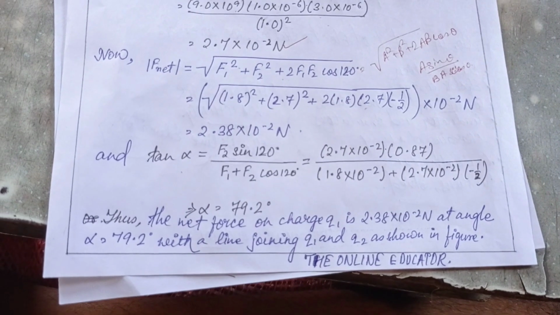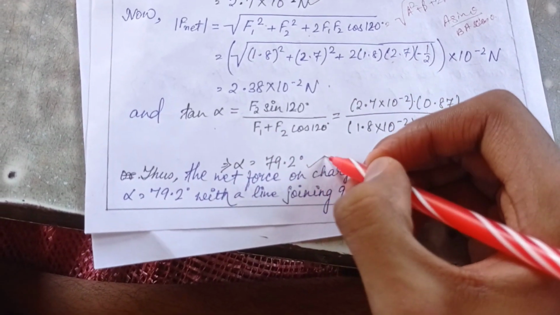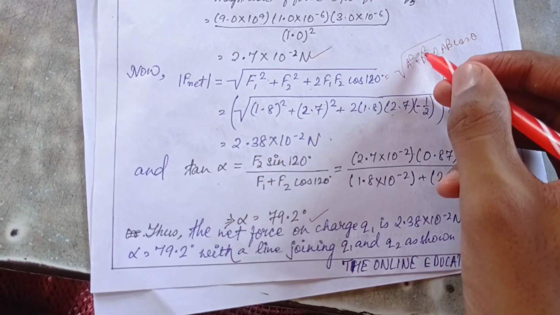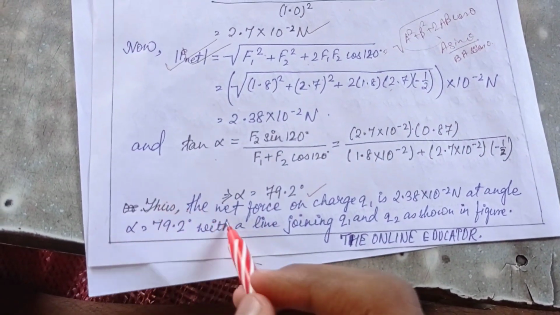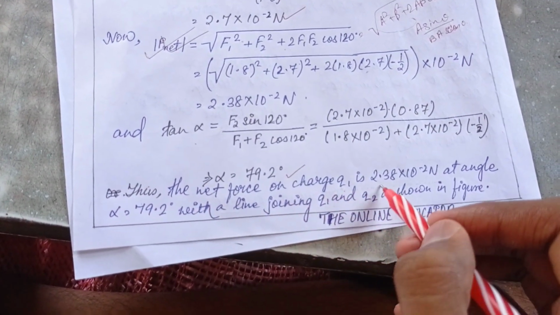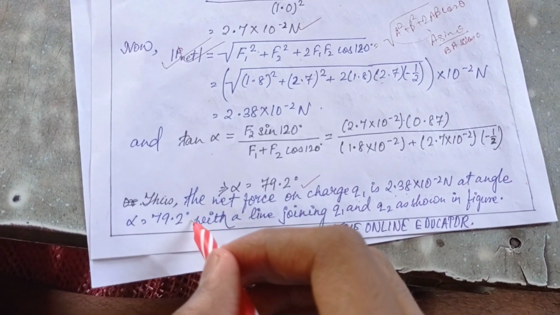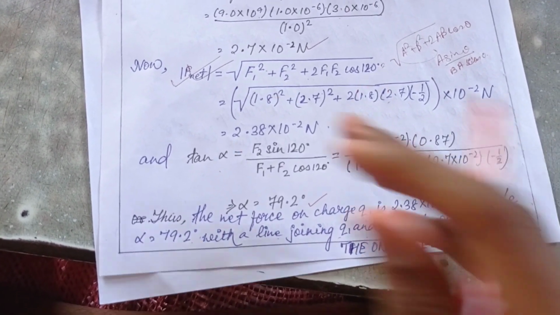So we got alpha as 79.2 degrees. Thus the net force, by vector addition, on the charge q1 is 2.38 into 10 to the power minus 2 Newton, and the angle is alpha equal to 79.2 degrees with the line joining q1 and q2, as shown in the figure.